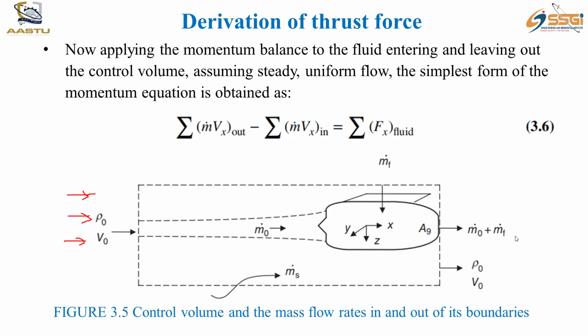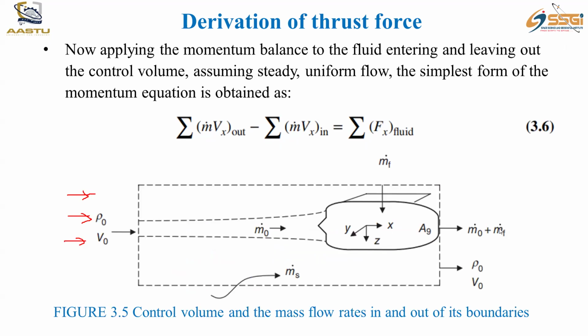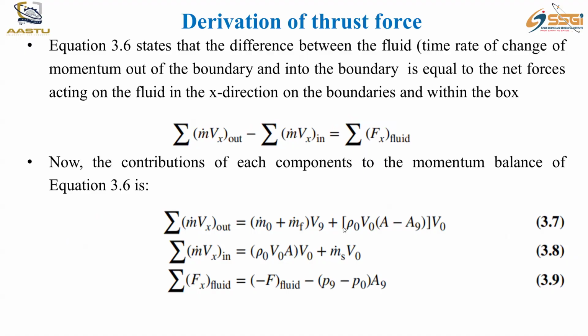So m dot naught plus m dot f is here. V9 means exit velocity here. So this times exit velocity plus rho naught V naught times A naught minus A9. So this is the net difference between the inlet area and exit area.